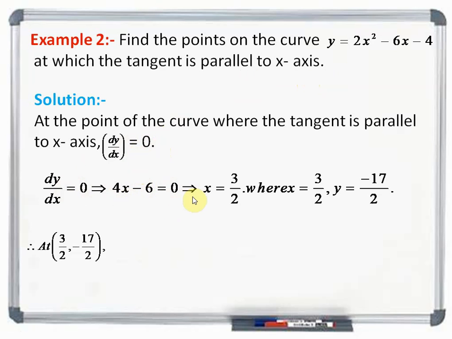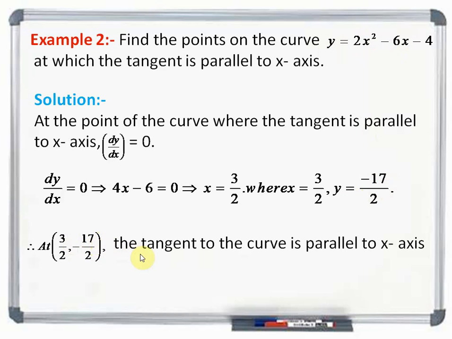So we get x equal to 3 upon 2. Now we put the value of x, 3 upon 2, in the given curve. We get the value of y, it comes minus 17 upon 2. So the required point is (3 upon 2, minus 17 upon 2), where the tangent to the curve is parallel to the x-axis.